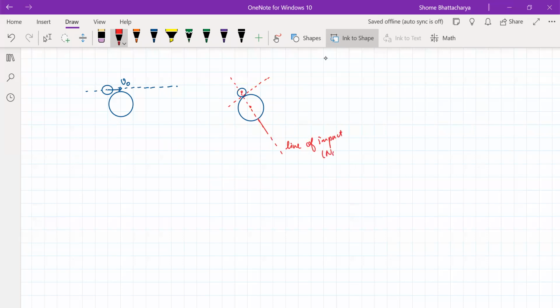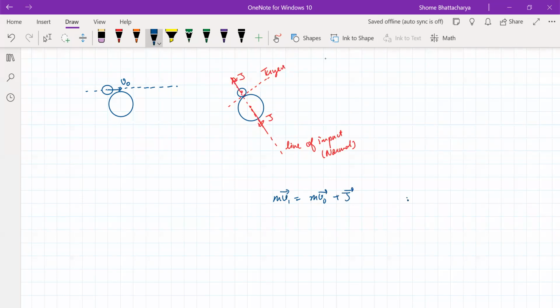It is a normal, whereas this is the tangent at the point of impact. So the impulse will act along this normal direction because it's basically a normal reaction force. So the impulse will act like this. For the first particle, you can see that final momentum is equal to initial momentum plus impulse.